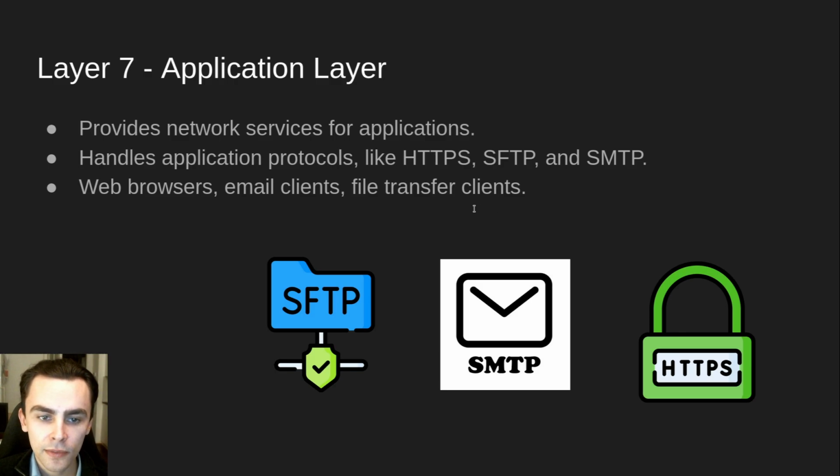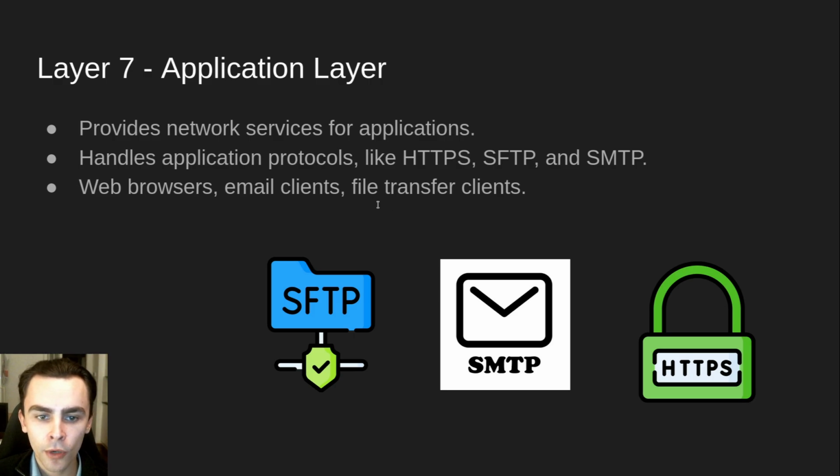Layer 7, the application layer. The application layer is used by different application protocols, such as HTTPS, SFTP, and SMTP.